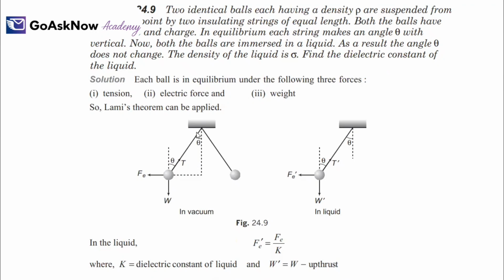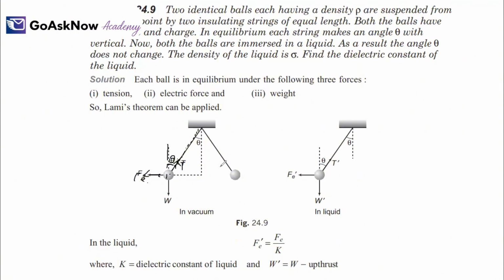If the ball is hanging and making angle theta with the vertical, the tension force acts in the upward direction, because it will try to pull it up, and this is your electric force Fe.